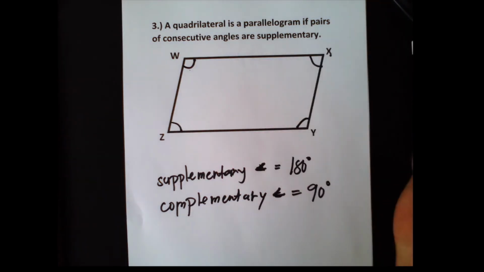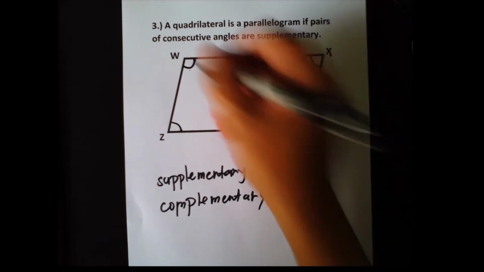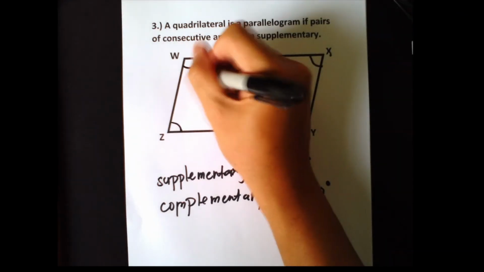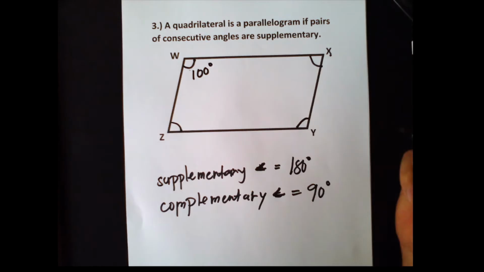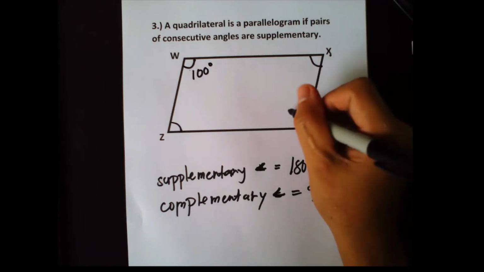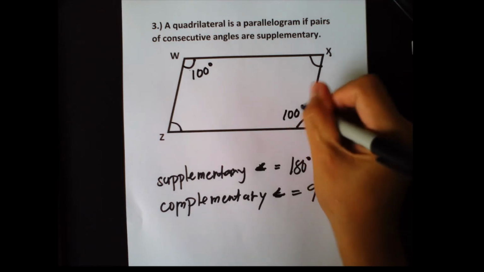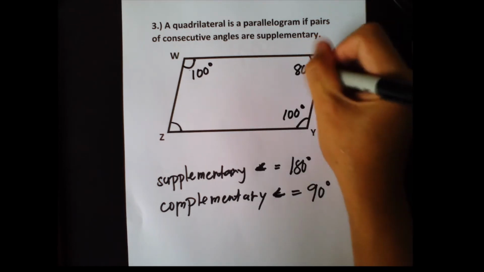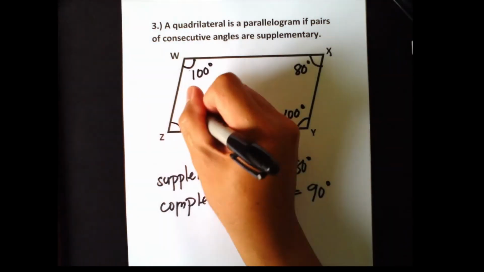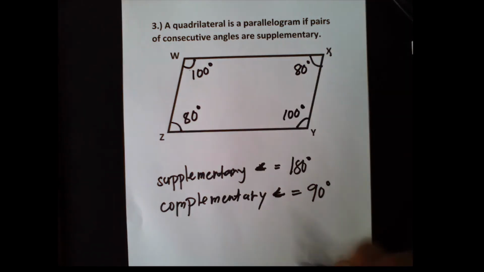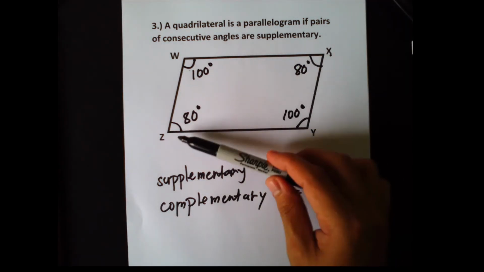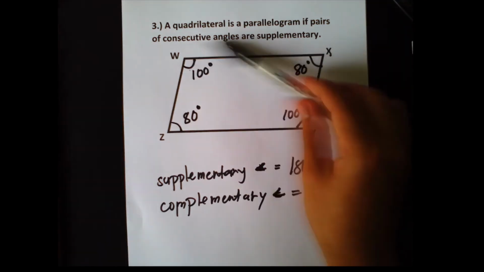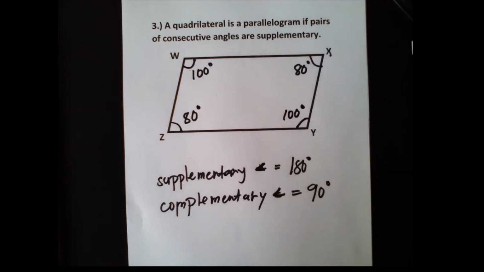Based on our example a while ago, we have a measurement of 100 here. Angle X and angle W have a measurement of 100, and angle Y also has a measurement of 100 degrees, and this will be 80 degrees, and this will be 80 degrees. So based on the condition, consecutive angles are supplementary.